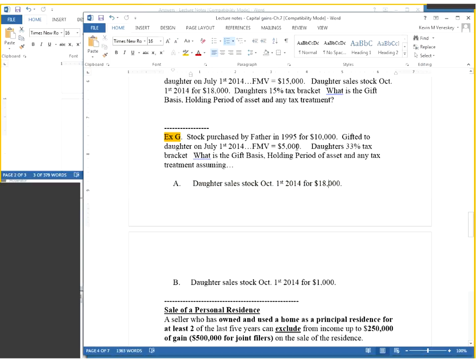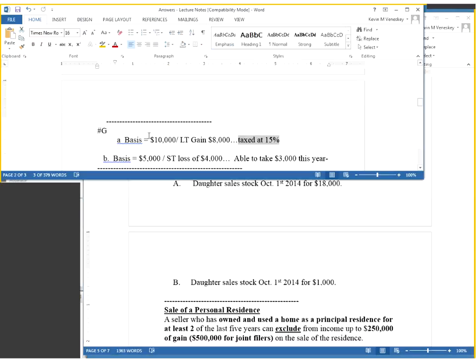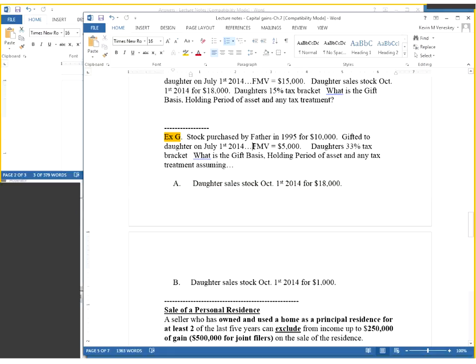Part B, she sells it for even less. It keeps dropping and dropping in value. She only sells it for $1,000. Her basis, in effect, is really $5,000. So therefore, she has a loss of $4,000. And it's short term because she's using this as her basis, so she's using that date as well. But when it comes to losses, it doesn't really matter if it's short term or long term.